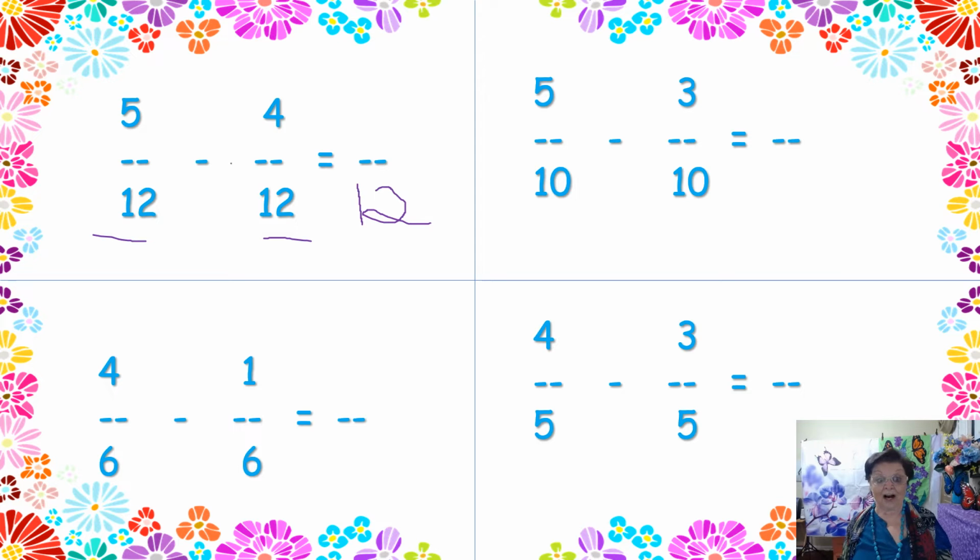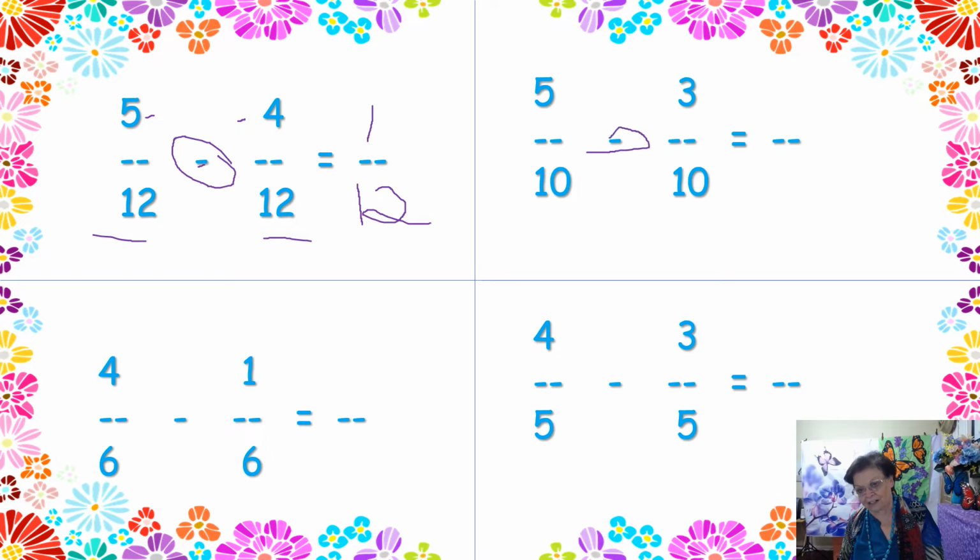Oh, aha, Mrs. Lansford, I almost tricked you. This isn't addition, this is subtraction, but guess what? It's the same process, except now you're just going to subtract the numerators. 5 minus 4 is 1. 5/12 minus 4/12 is 1/12.